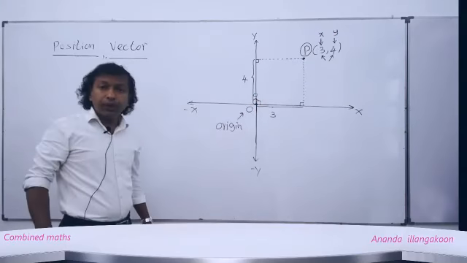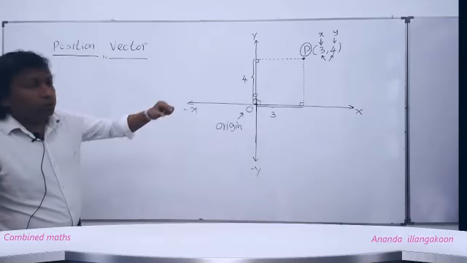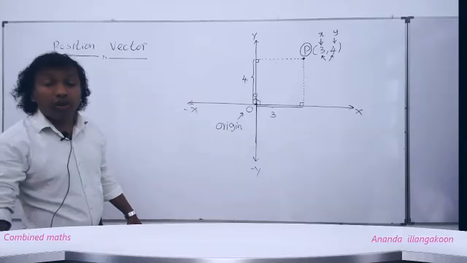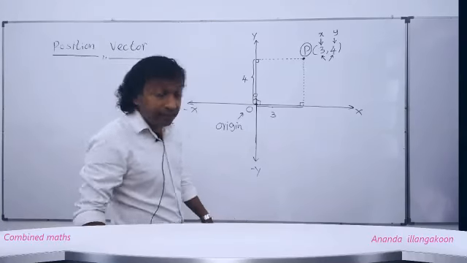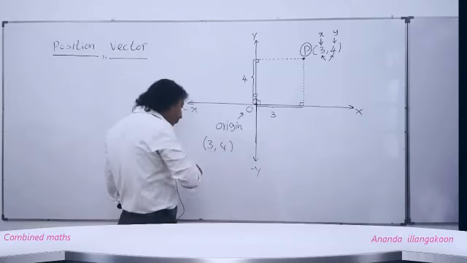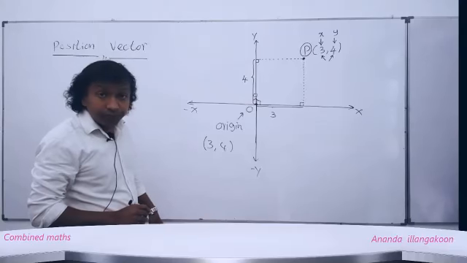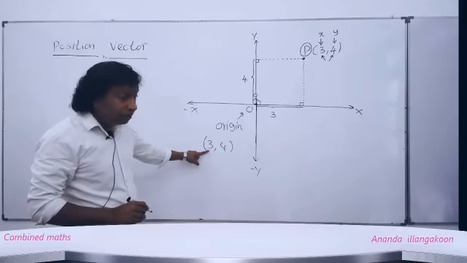This person needs to go to the point P. Now, he doesn't know the location of the point P, but he is given the two coordinates 3, 4. Then the person at the origin O first moves this length along the x-axis.